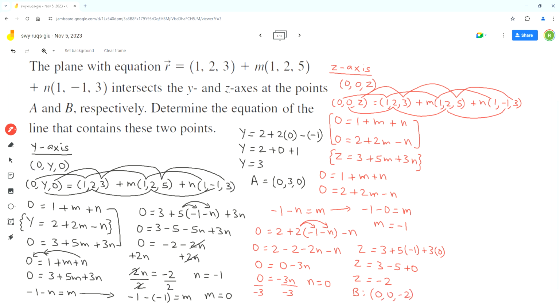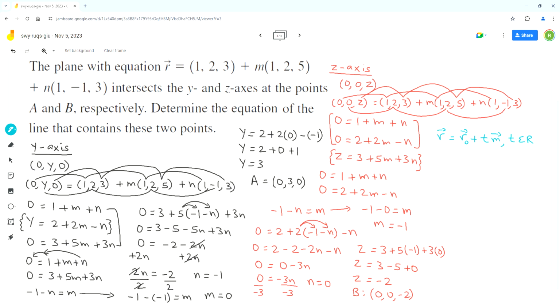Next, we have to use points A and B to find the equation of the line that contains these 2 points, and we can use the vector equation of a line. So let's start by writing the general equation of a line in vector form. In this equation, vector r is the position vector of an unknown point that lies on the line.